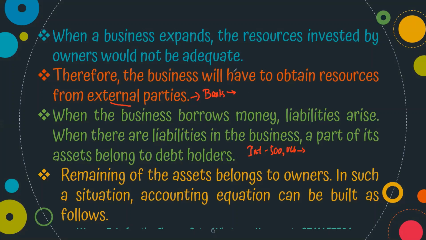Since our capital is not enough, when we take help from external parties, let's say as our second transaction we take a bank loan of rupees 200,000.